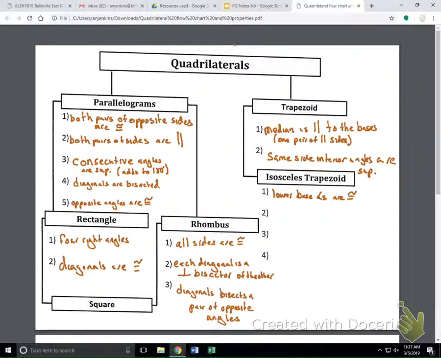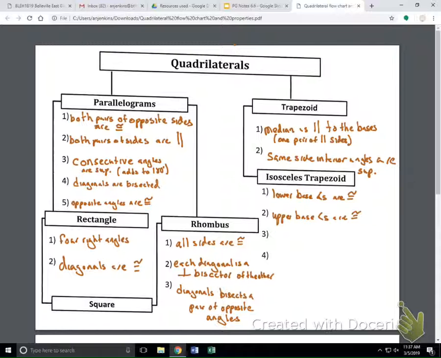So that brings us to Gryffindor. What's another property? So Malik or Mikhail? So upper base angles are congruent? Okay, our next one is Slytherin. So what do you know about, we have two other properties.